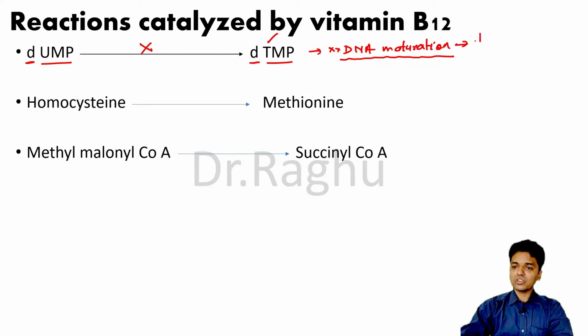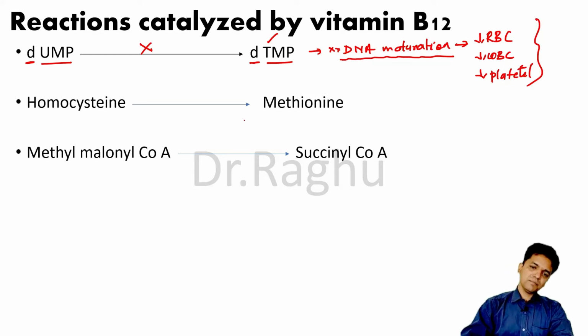Hence, there is going to be a reduction in the RBC count, a reduction in the WBC count, and also a reduction in the platelet count. Usually if all these three are down, that condition is called pancytopenia.